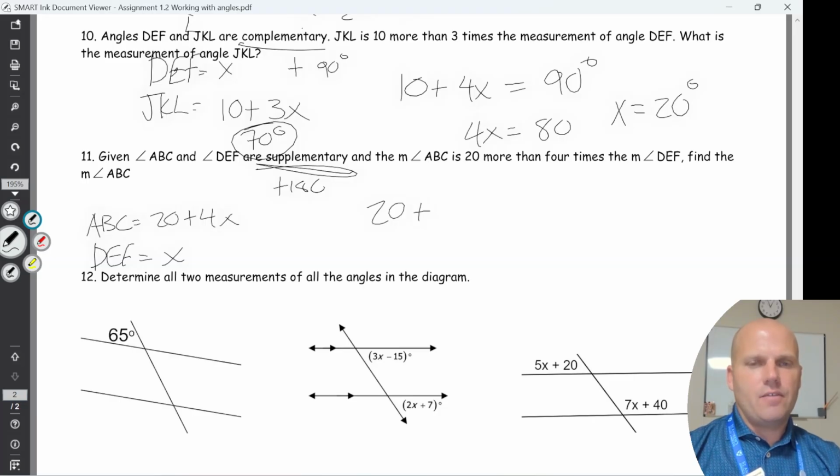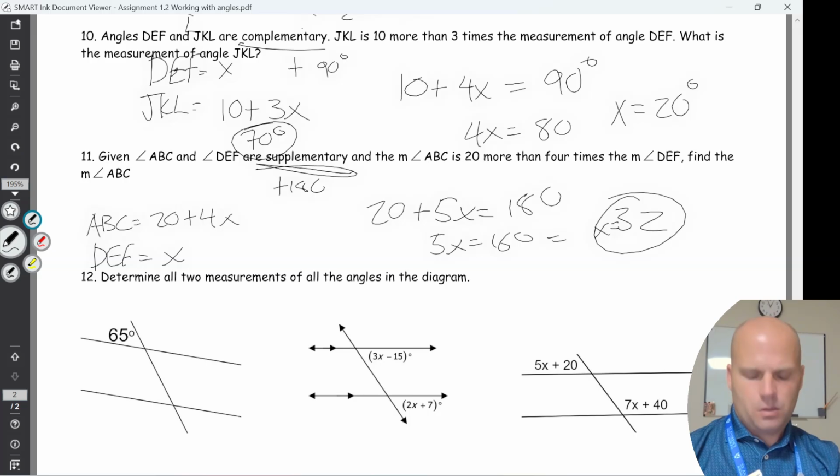Adding those together, I have 20 plus 5x has to equal 180. 5x has to equal 160. So I'm going to have 32 for x.